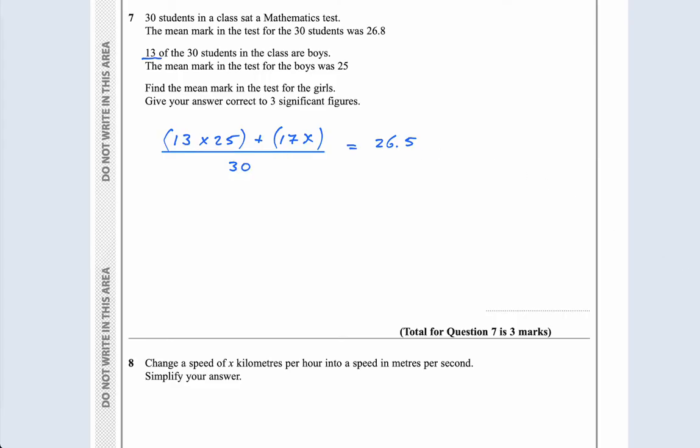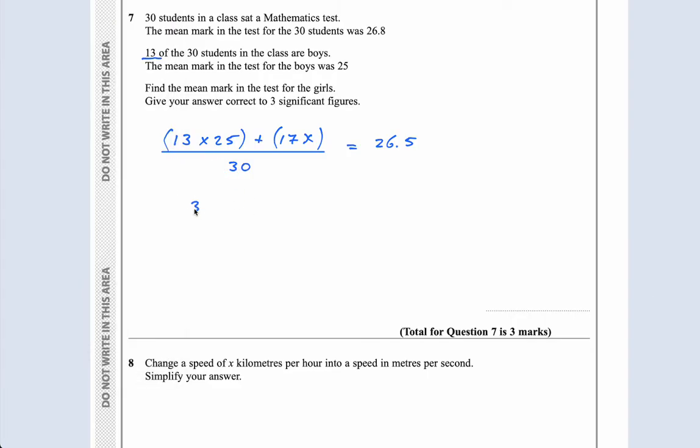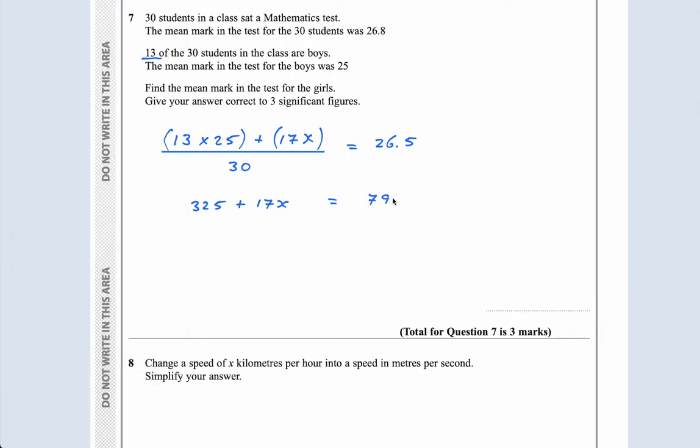So we'll do it in steps. 13 times 25, 325. So 325 plus 17x equals, I'm going to do 26.5 times 30. I'm going to multiply by this denominator. 26.5 times 30 gives me 795.